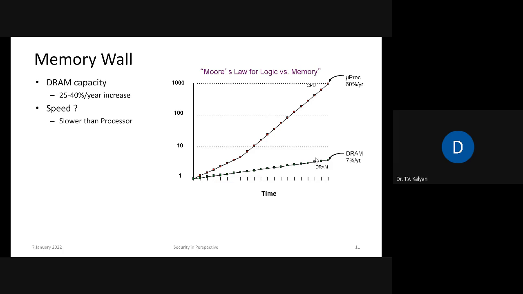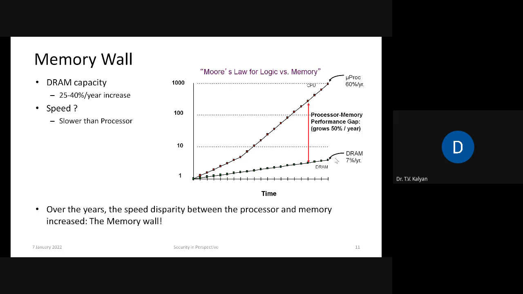Meaning, the speed of operation of the CPU was improving almost by 60% every year, but the DRAM speed of operation was improving only 7% in a year. So because of that, across years, there was a widening gap, and this is the memory wall, right?